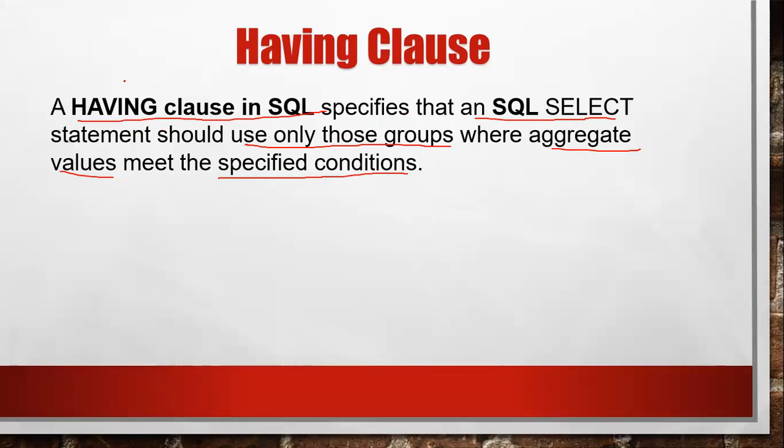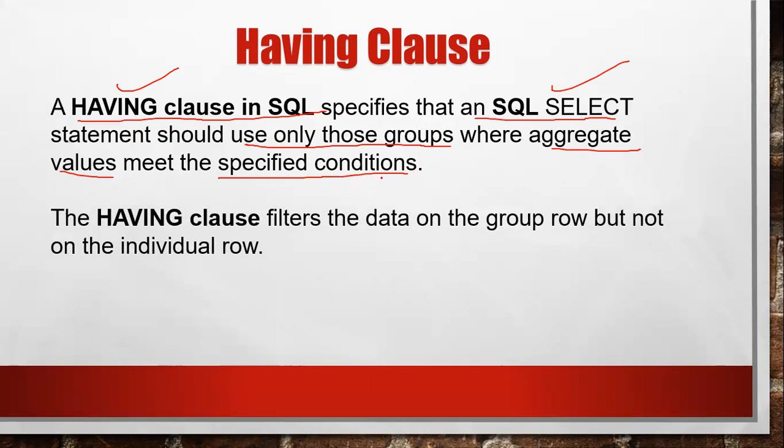Obviously, due to the group by clause many groups are created, but the having clause tells SQL to use only those groups which satisfy the specified condition. So the groups are created by the group by clause, but only those groups which satisfy the condition mentioned in the having clause are included in the result.